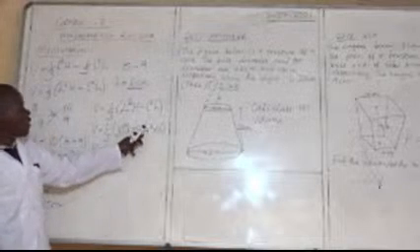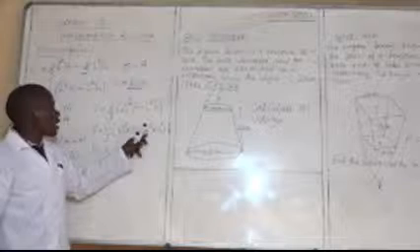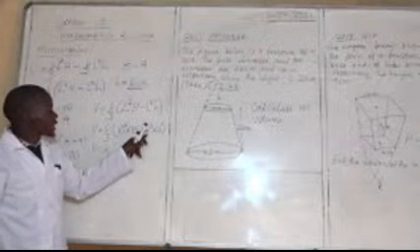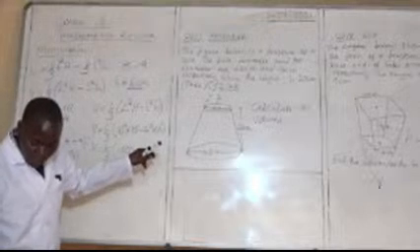Therefore, for the volume, you simplify from here. 10 squared, we get 100. 100 times 15, we get 1,500. Minus 4 squared, we get 16. 16 times 6, what do we get? 96.